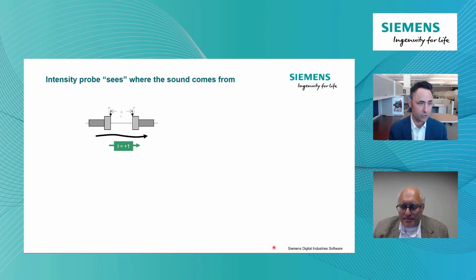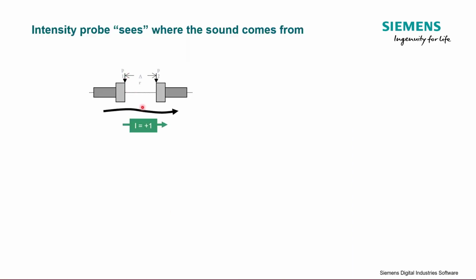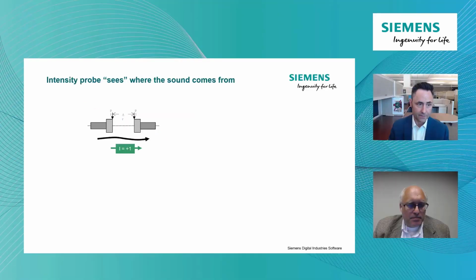Okay, so if you imagine these two microphones I've got here, microphone 1 and microphone 2, and if the sound is traveling sort of left to right along the slide here, microphone 1 is going to sense that pressure wave slightly before pressure microphone 2 does, right? And so if we say hits here, then it hits here, we'll call that positive intensity. And if the sound were flowing right to left across here, we'd actually calculate a negative intensity.